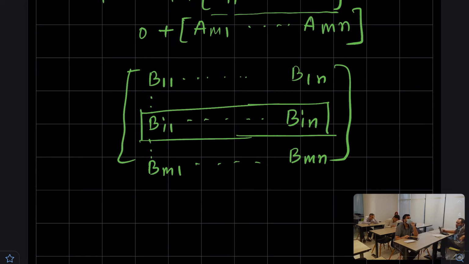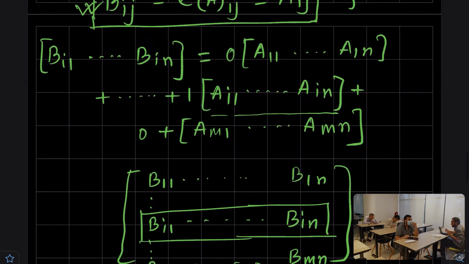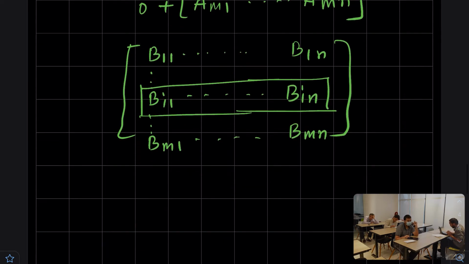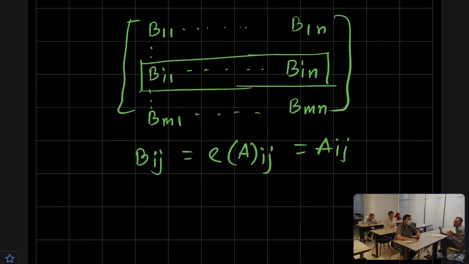This row starts from B_i1 to B_in. The condition was B_ij is equal to E of A_ij, and this is equal to A_ij, where j starts from 1 to n, right?